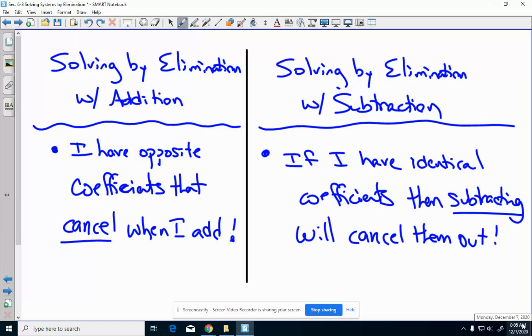So subtracting in this case will cancel them out. Not adding. Adding would double two things that were the same. Subtracting will cancel two things that are the same.